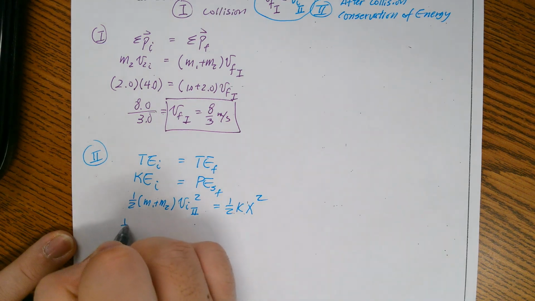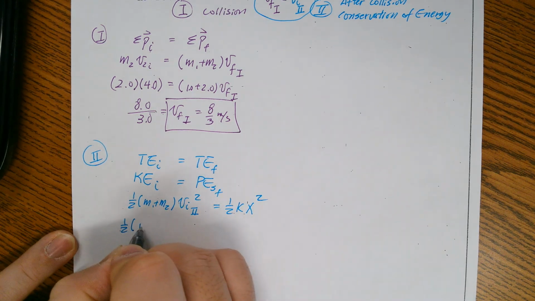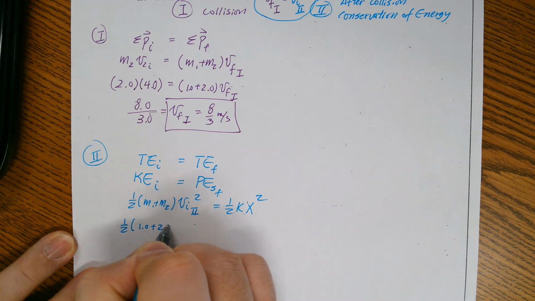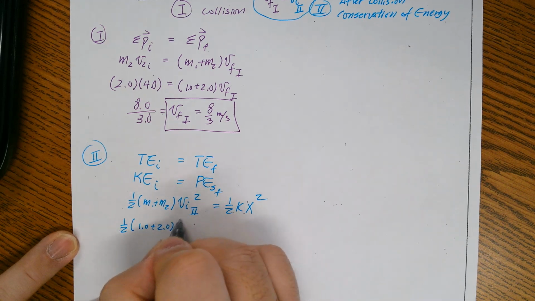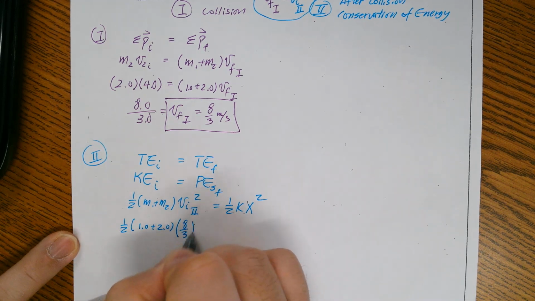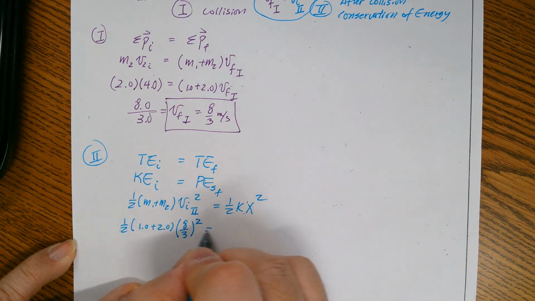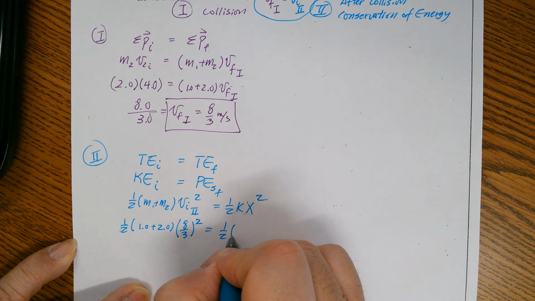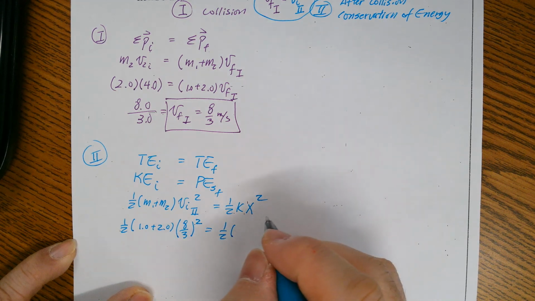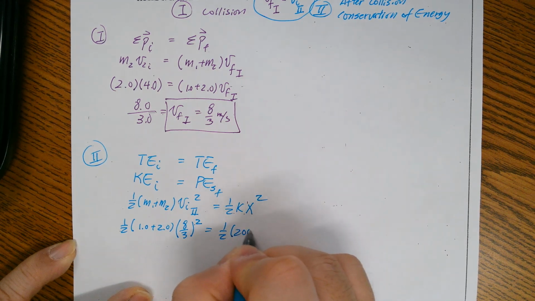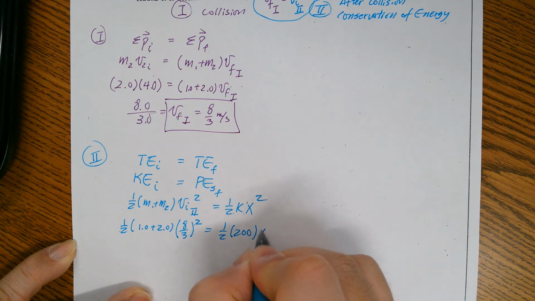So 1/2 of (1 plus 2) times (8/3) squared is equal to 1/2 times k, which is 200, times x squared.